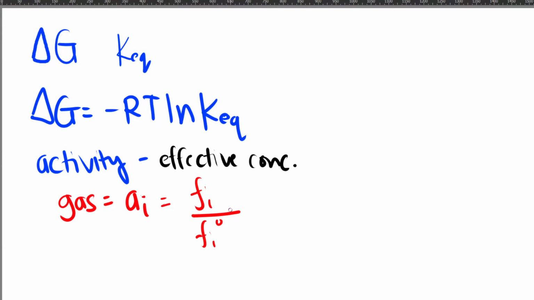Yung fugacity natin for most conventional gases at room temperature is just equal to the partial pressure Pi over yung standard pressure Pi naught. Usually, yung reference pressure natin or reference fugacity natin, we just take that as 1.